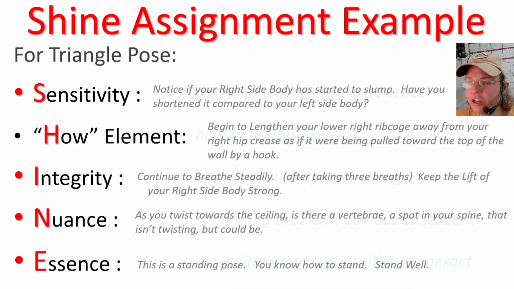As an example of a nuance cue, as you twist toward the ceiling, is there a vertebra, a spot in your spine that isn't twisting as much as it could be? That's really common, that when we do something like a twist, and triangle has a twist in it, the twist is done in this habitual way, and oftentimes we have little places we don't take advantage of and move where we can move.